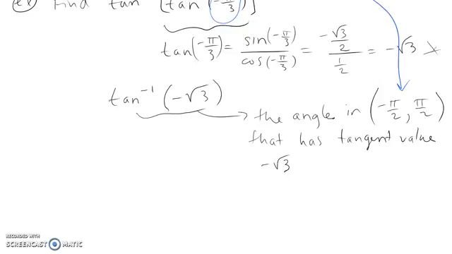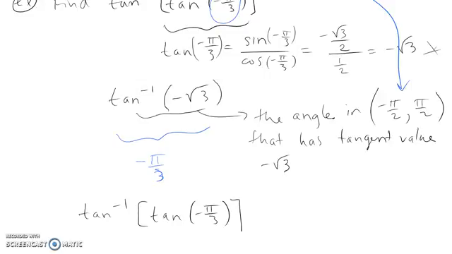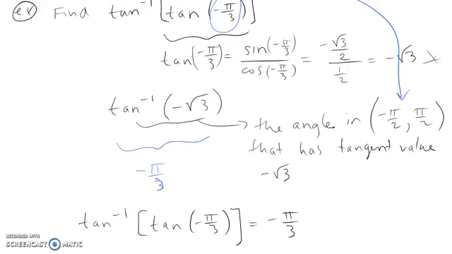So this whole quantity is equal to minus pi over 3. So it turns out that what we were looking for, inverse tangent of tangent of negative pi over 3 equals negative pi over 3, right? So we're composing a function with its inverse, and we're getting that x value back. That's what we would expect, right?